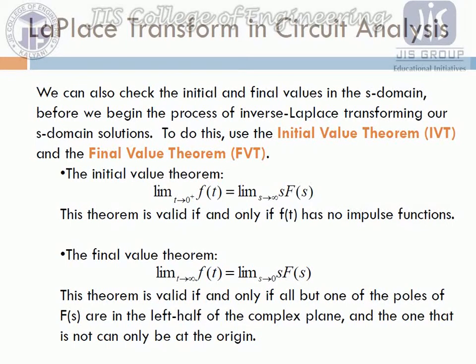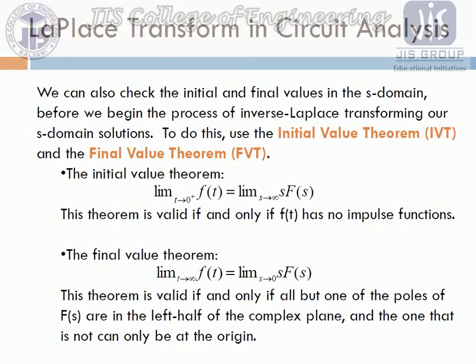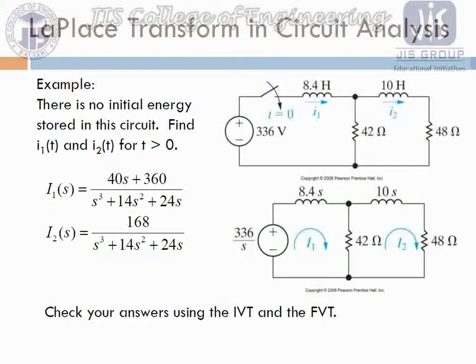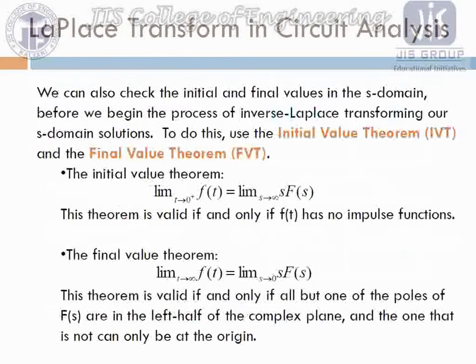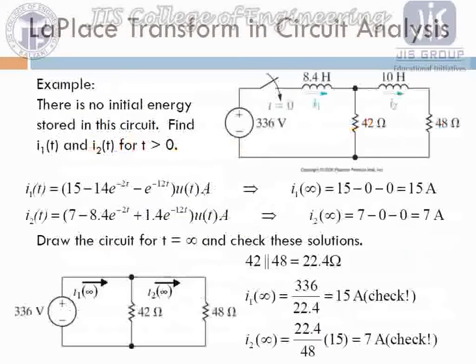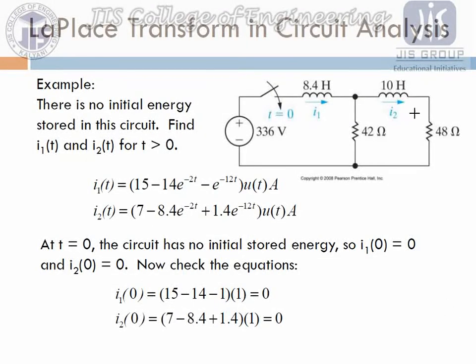In the last class, we calculated I1 of s and I2 of s. The problem given is that there is no initial energy stored in the circuit, and we are asked to find I of t, I1 of t and I2 of t. We solved this circuit and got these equations.